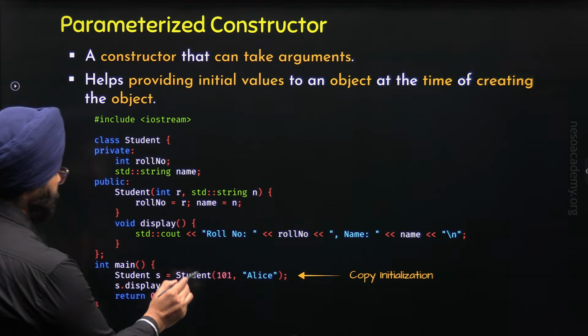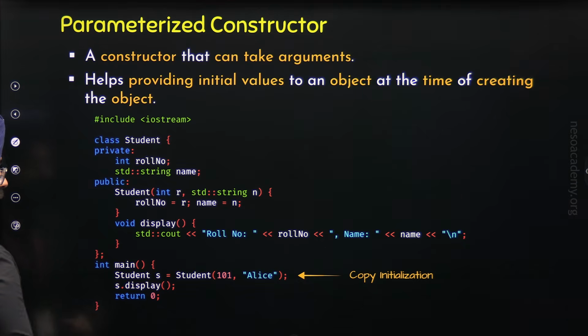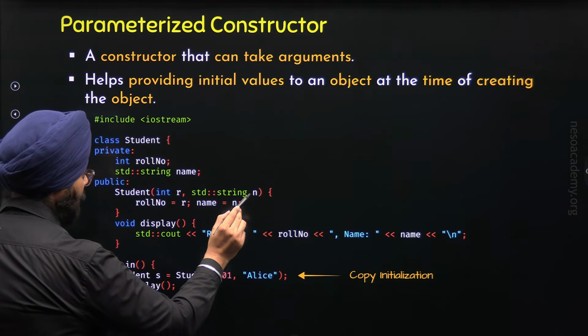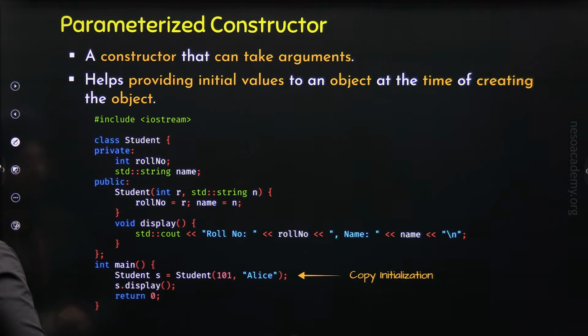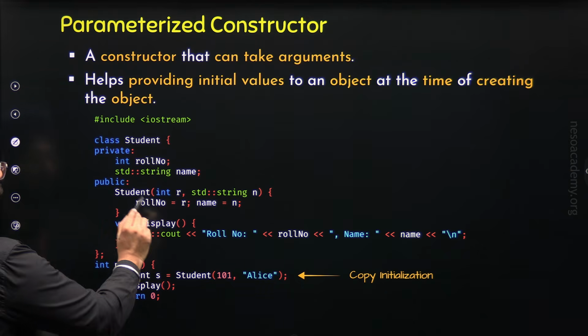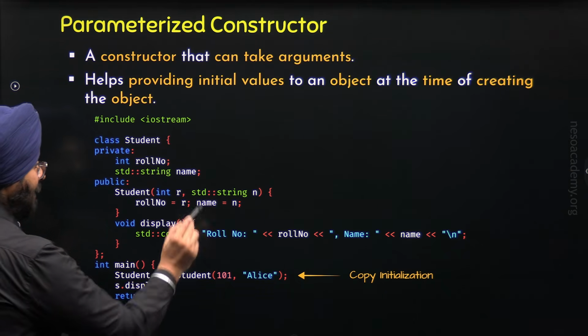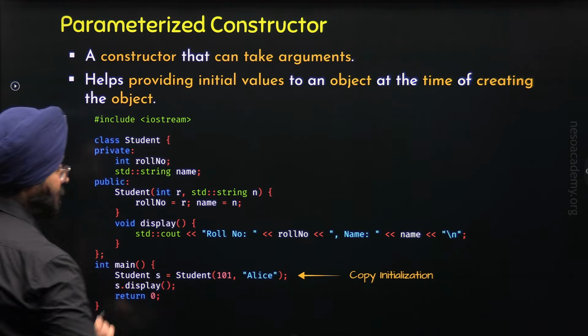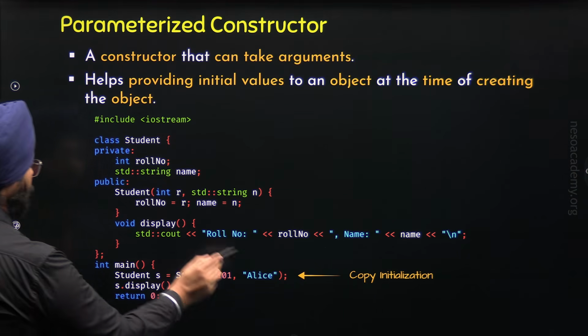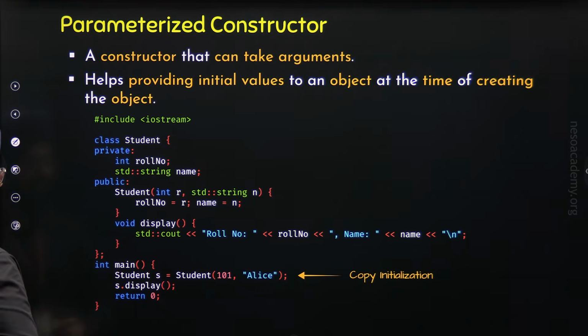With the help of this syntax, the constructor will be called and these values will be passed to these parameters. And this means indirectly, these variables will be initialized. Roll number will receive 101 and name will receive the string Alice. I hope this is clear to you. And these values are associated to this object.